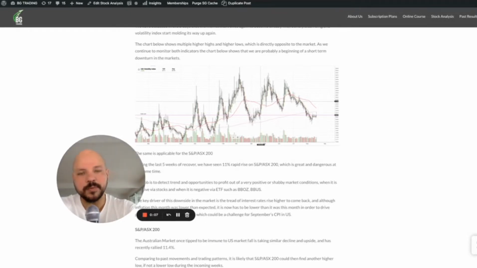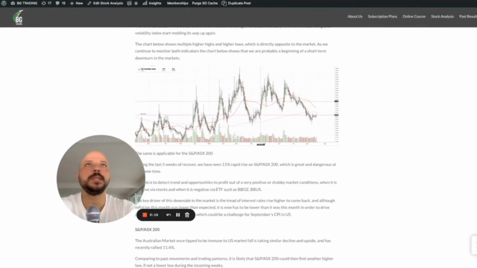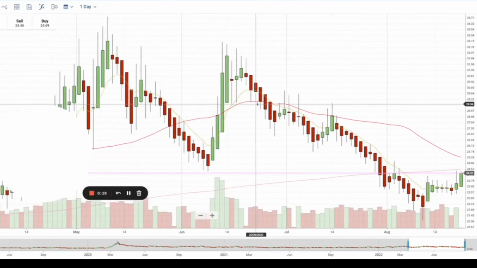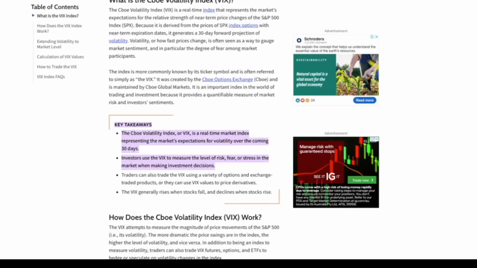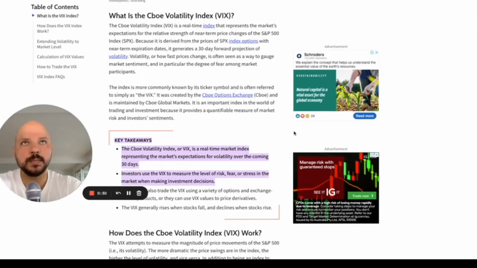So let's start with the first indicator that we use to see whether we could see a market correction or not, which is the volatility index. If you go to Investopedia here, you can get a little bit of an idea of what a volatility index is made of.